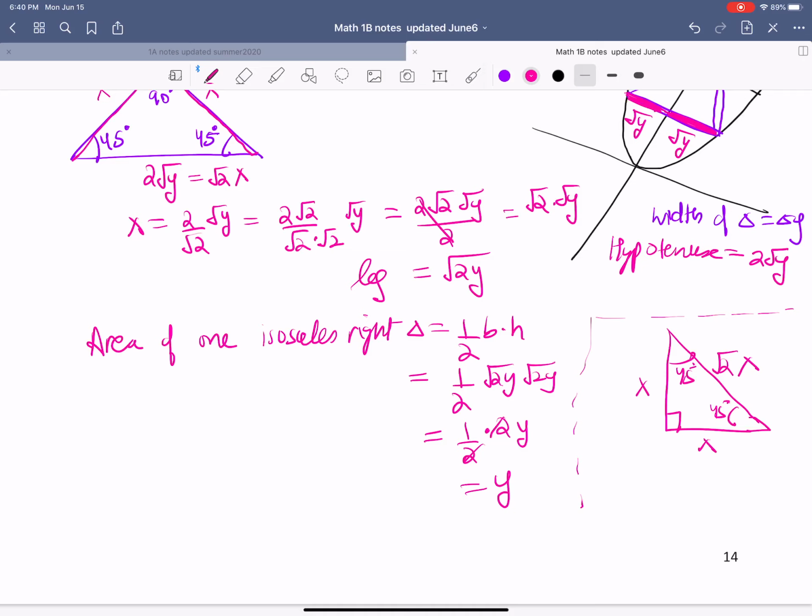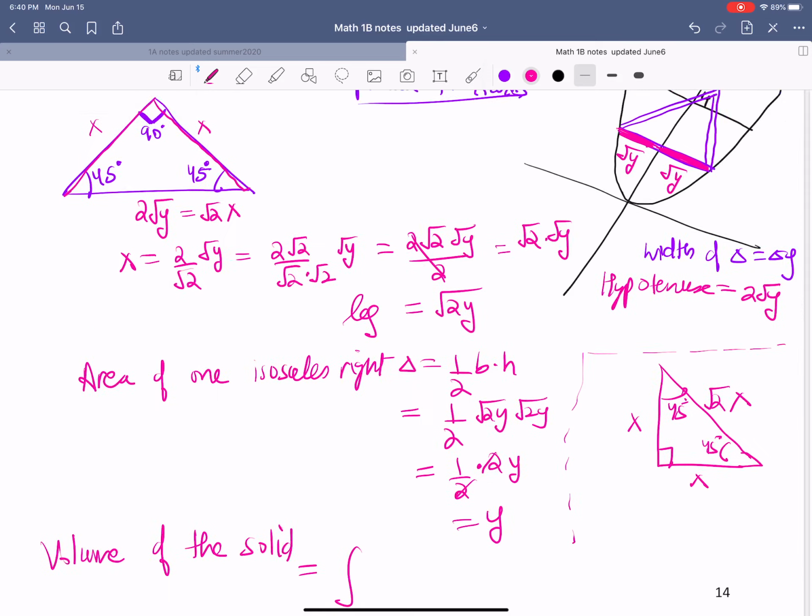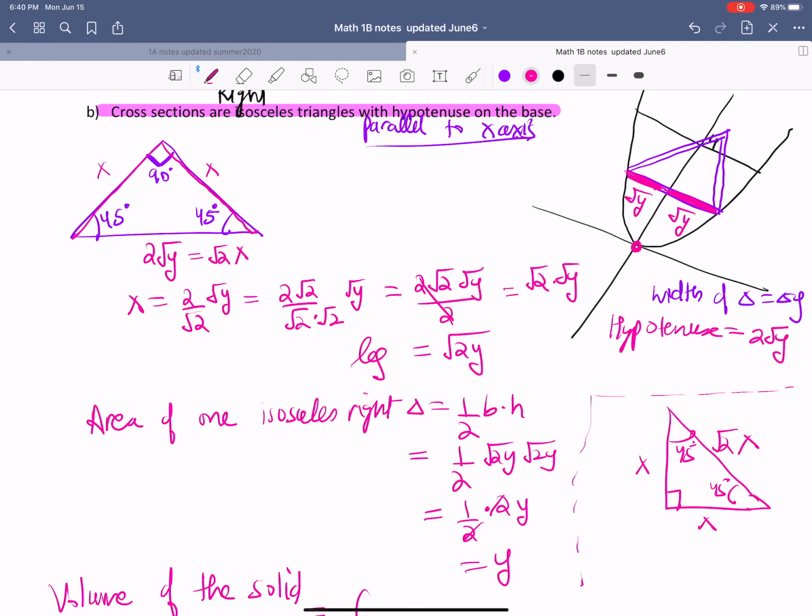Now, let's go ahead and find the volume of the solid. I'm going to skip the step of finding the volume of one cross section, because all I have to do is multiply the area with delta y. Volume of the entire solid is going to equal, wherever the triangles start, they start at 0, they end at 4.